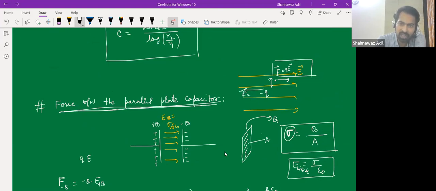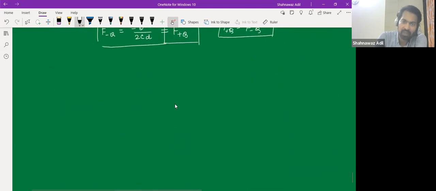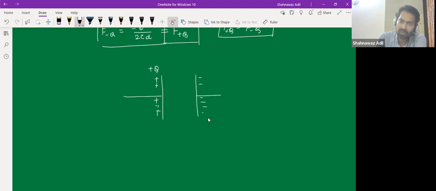So for the case of the plates, we have this plate, and this is positive q, and this is minus. Now we are calculating the force on this plus q charge, so we will neglect the electric field of this one.